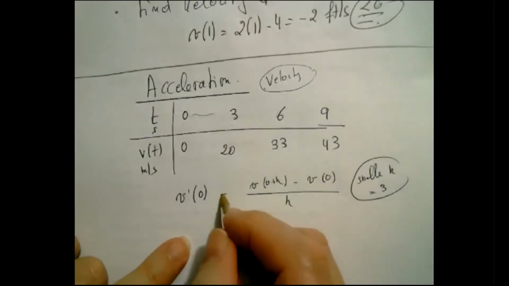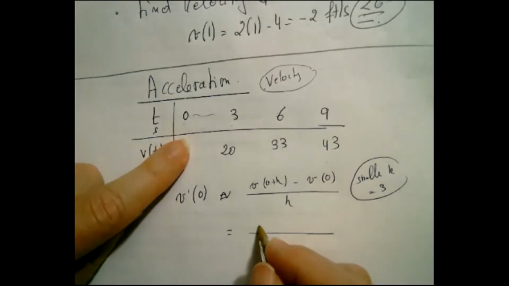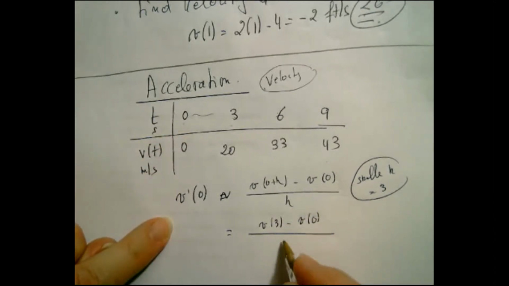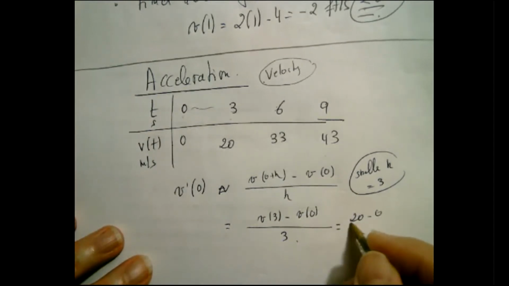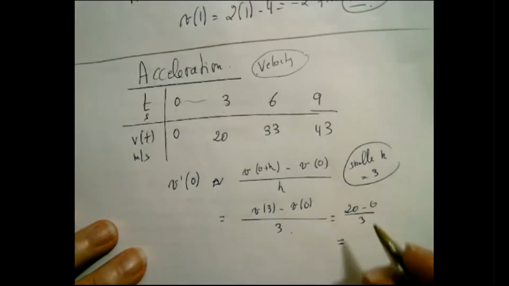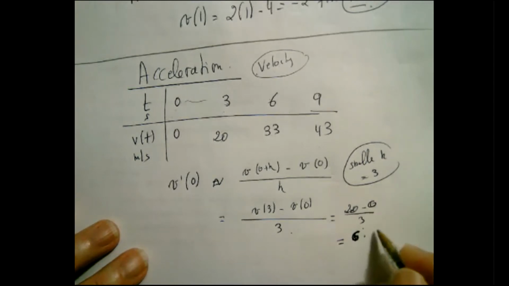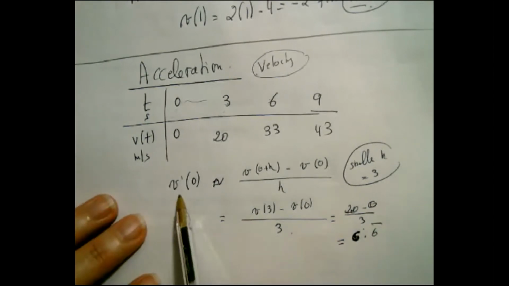So a derivative at 0 here is going to be basically, in this particular problem, because I don't have much data, v of 3 divided by 3, which is 20 minus 0 over 3, which is 6.6, almost.